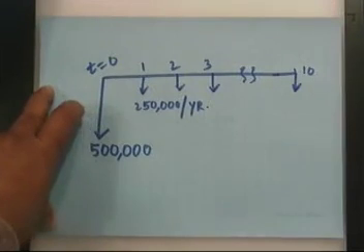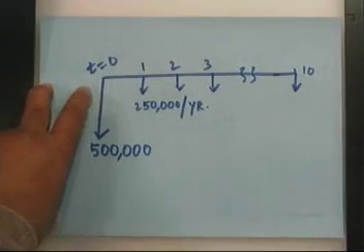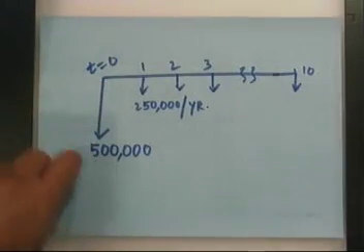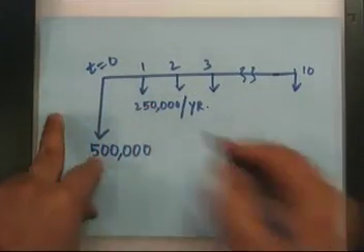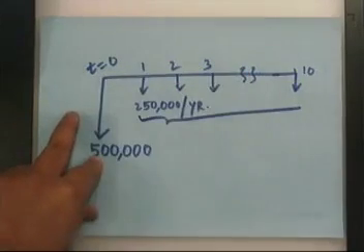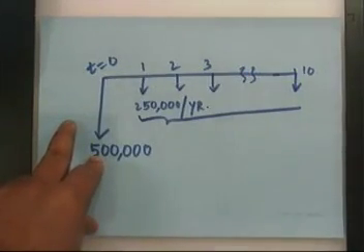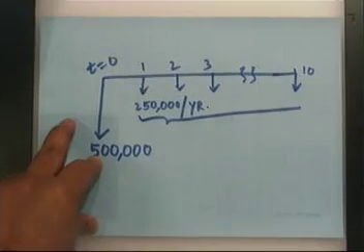Now, if you remember the present worth method, what we had done, we had calculated net present worth that was equal to this 500,000 plus this annuity converted at time t equal to 0. Now, I want to solve this problem using the future worth method of comparison.